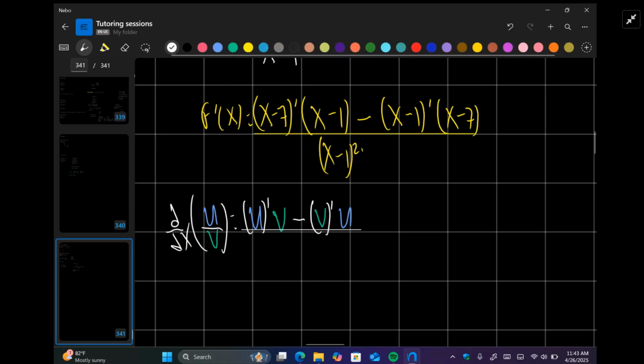I just want to mention that, guys, in case y'all forgot. This is the quotient rule.